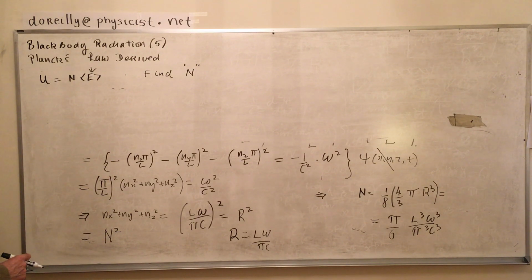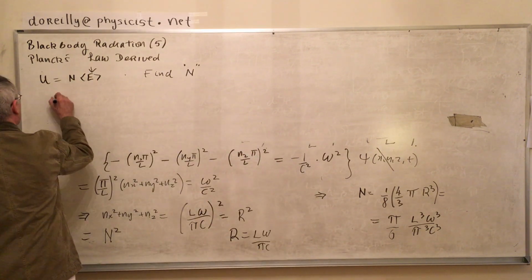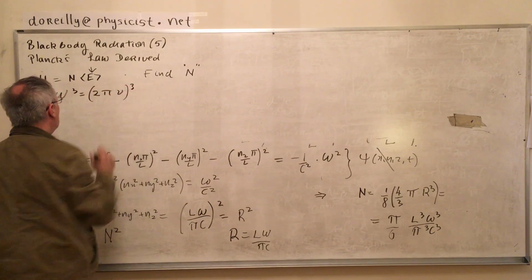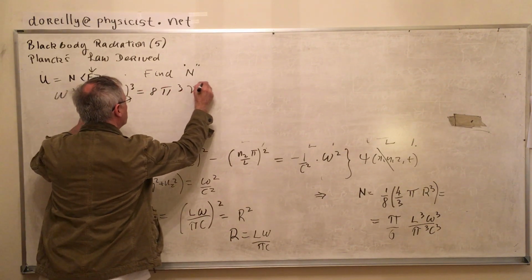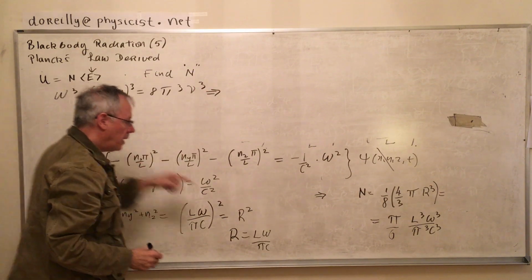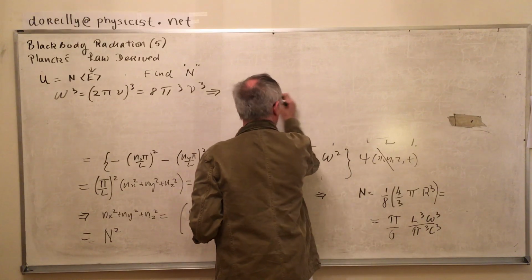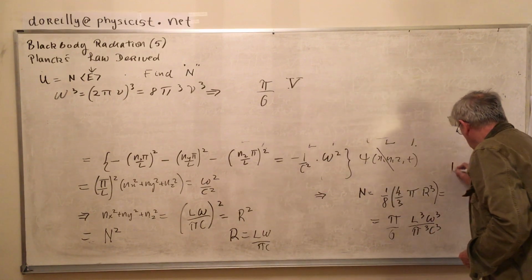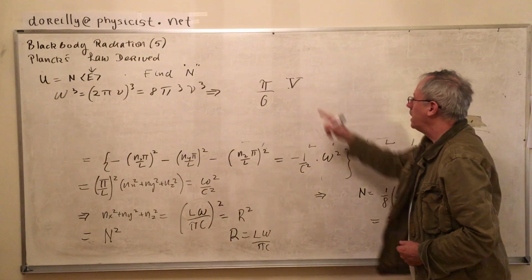So what am I doing now? Yes, I've got this object here, and I'm going to substitute in for omega. Well, omega is 2 pi nu, so it's going to give me 8 pi cubed nu cubed. So therefore our expression down here is going to be pi over 6 times L cubed, which is the volume of that little box.